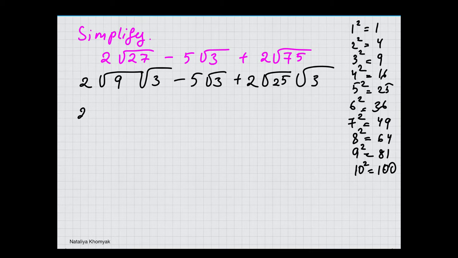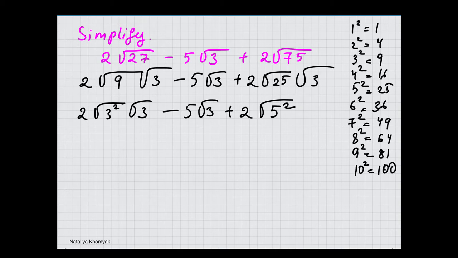So this becomes 2 radical of 3 to the second times radical 3 minus 5 radical 3 plus 2 times square root of 5 to the second radical 3. Square root and the second power cancels. Remember, there is multiplication here.